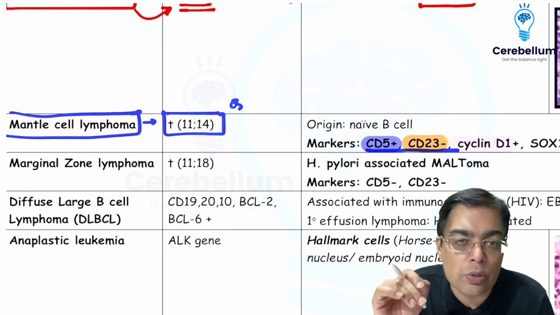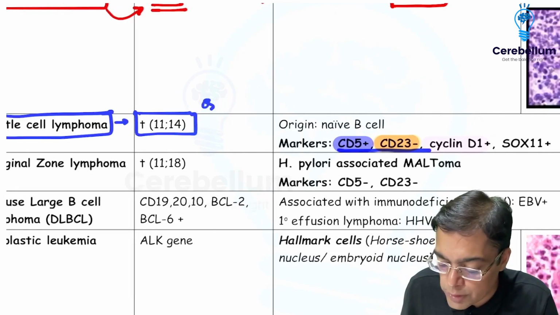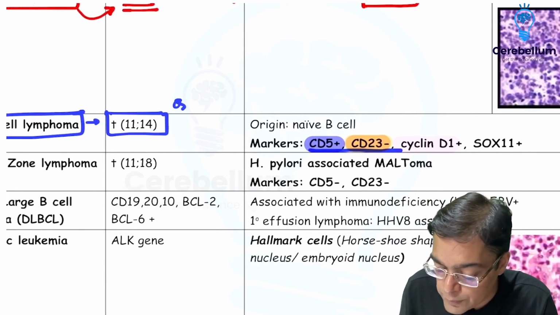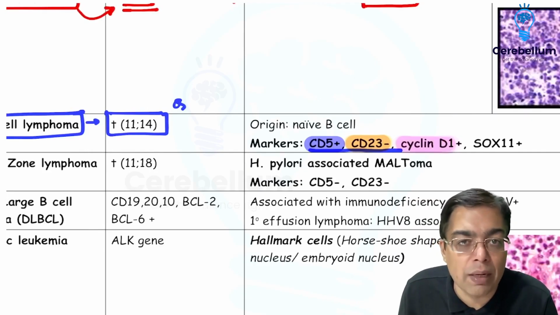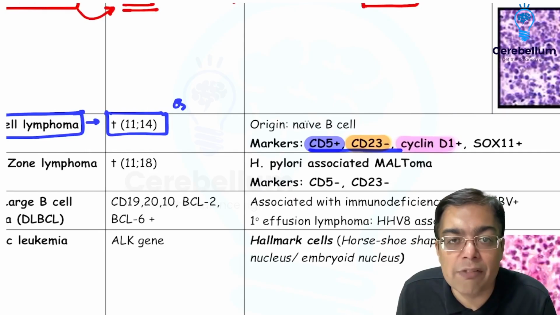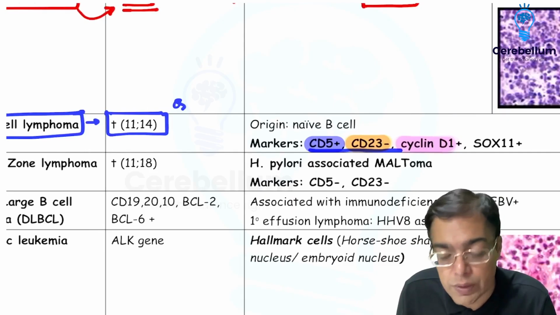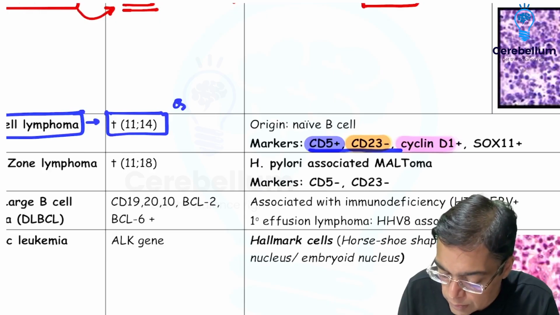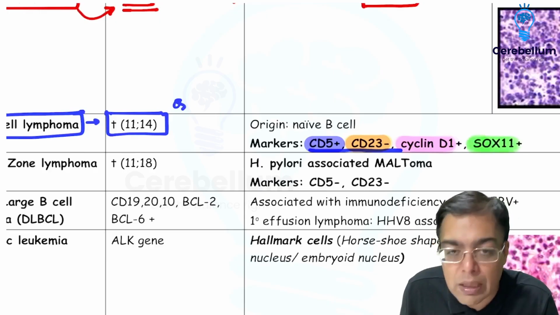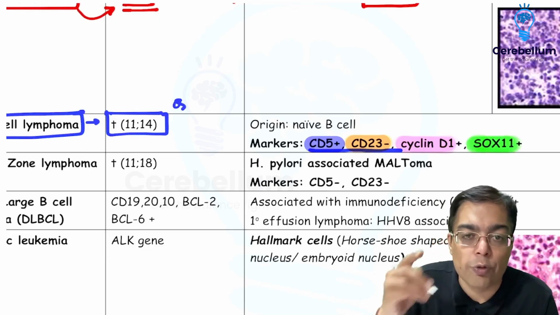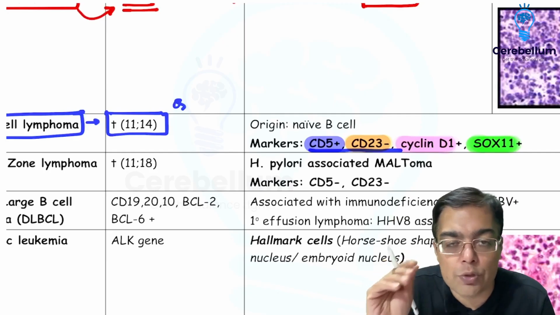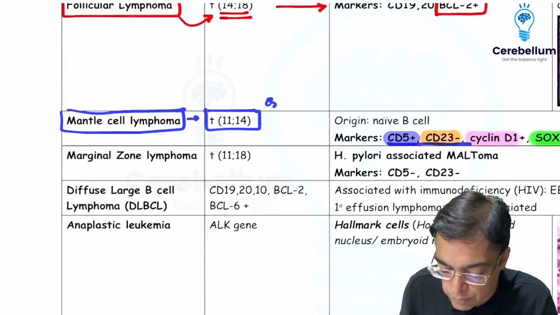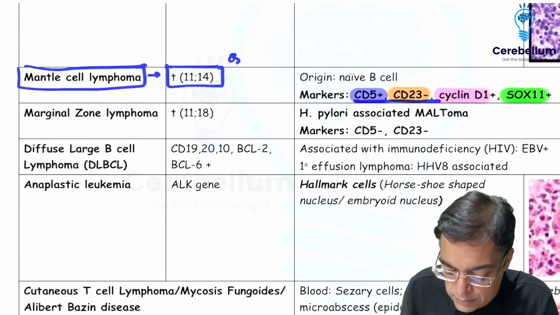Mantle cell lymphoma is also characterized by the expression of a molecule that is given the name of cyclin D1. Sometimes patients are having mantle cell lymphoma, but cyclin D1 is absent in them. In such a situation, we use an alternative marker, and this alternative marker is given the name of SOX11. So for cyclin D1 negative mantle cell lymphoma, we have a marker that is given the name of SOX11. That is what is to be remembered so far as a mantle cell lymphoma is concerned, right?